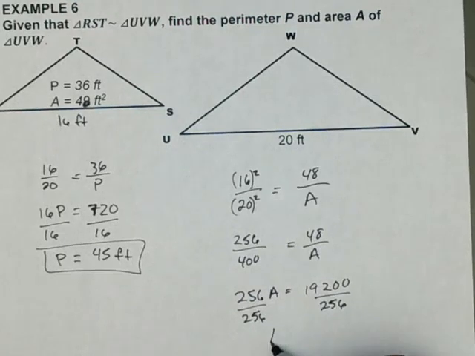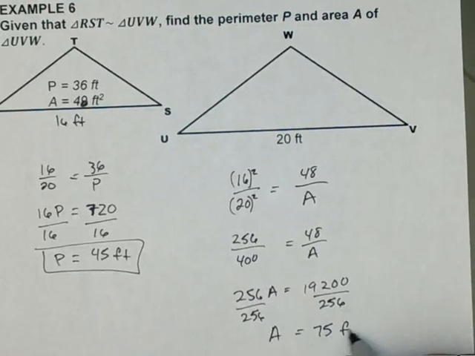A is going to be equal to 75 feet squared.